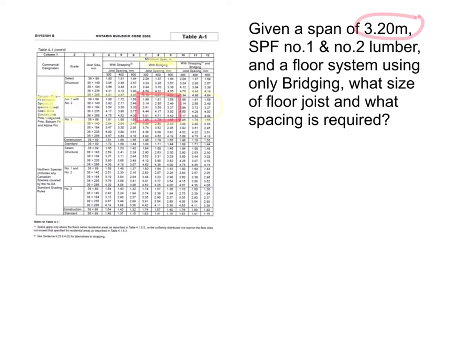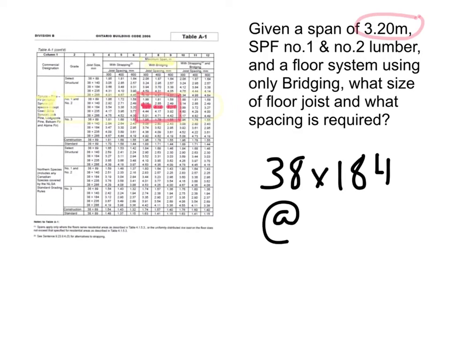So if I look at this chart, I could select 3.81, 3.58, and 3.27. Now the most correct joist size and space to select would be a 38 by 184 at 600 millimeters on center. So that is a 2 by 8 at 2 feet on center.